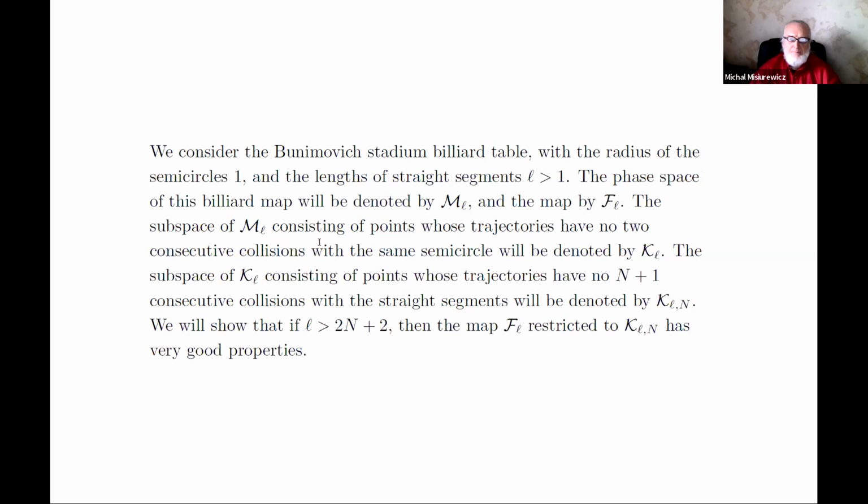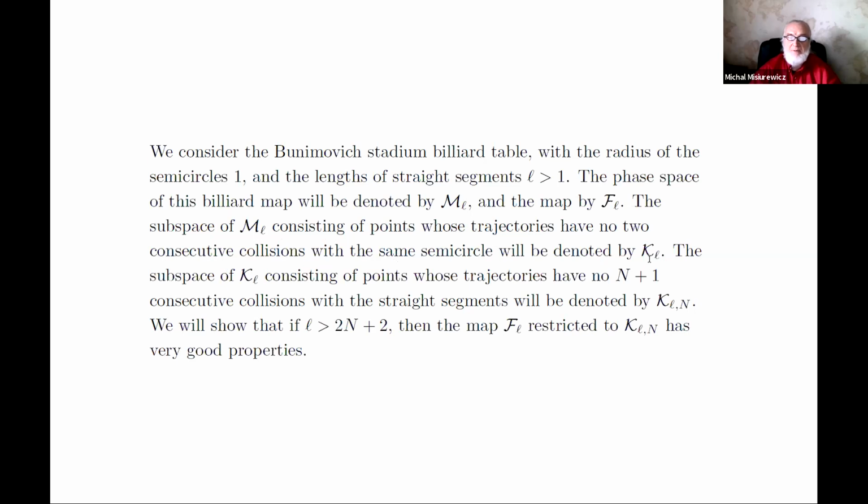And then we take the subspace, and we want to avoid this situation with double or multiple reflections from the same semicircle. So we have a subspace consisting of points whose trajectories have no 2 consecutive collisions with the same semicircle.